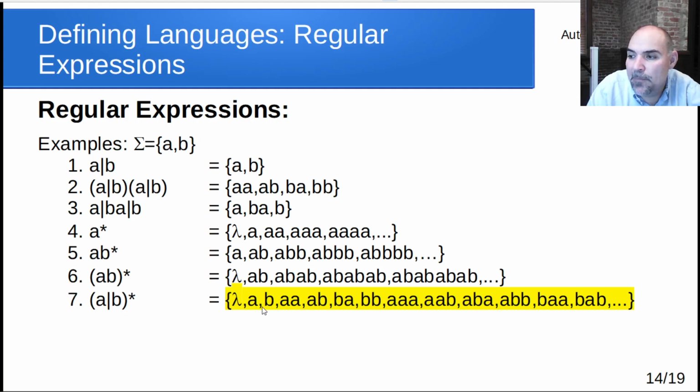It's just an A or B. Here it is raised to the second. All strings of 2. So in other words, this is all strings of A's and B's that are either 0 characters long, or 1, or 2, or 3, or 4, and so forth.